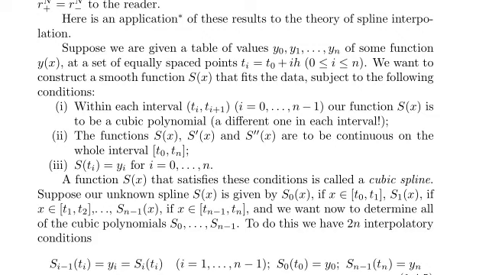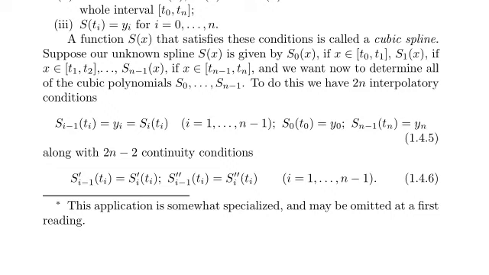So we'll have n different cubic subsections, the S0 to Sn-1, different cubic functions. And we want now to determine all of the cubic polynomials S0 to Sn-1. To do this, we have 2n interpolatory conditions.